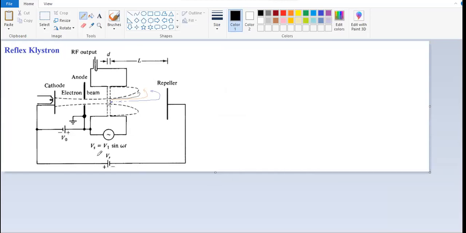Okay, so it is similar to your two cavity klystron. Now we will go for the other diagram, the Applegate diagram, and I'll draw it here.